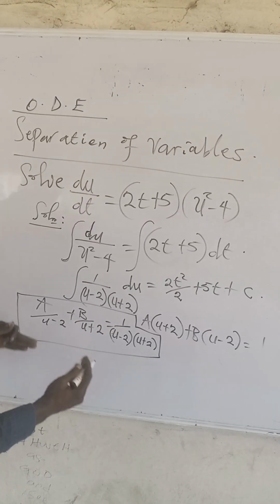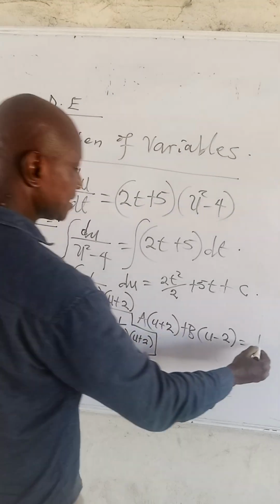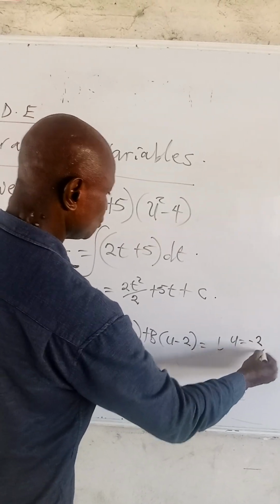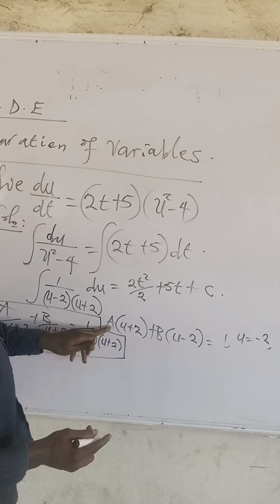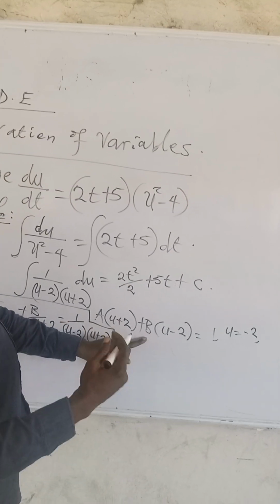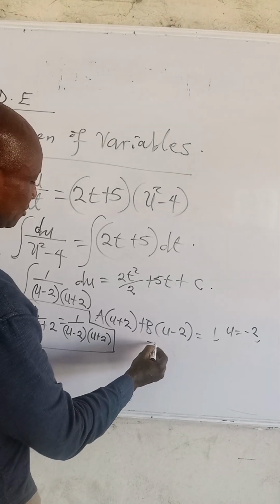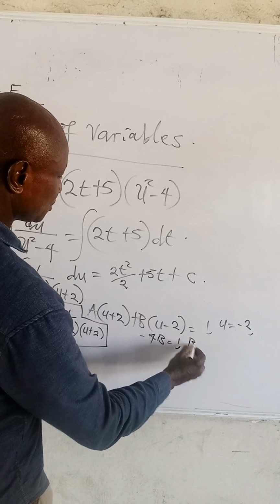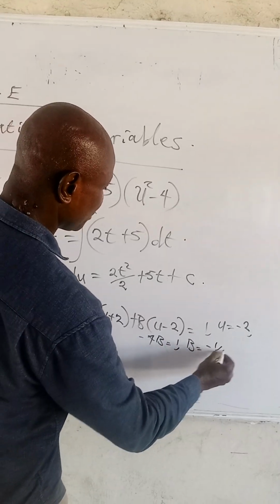In all of this, when we let u equal to minus 2, then A will disappear, and B can now give us a result. That is to say, minus 4B is equal to 1, so B is equal to minus 1 over 4.